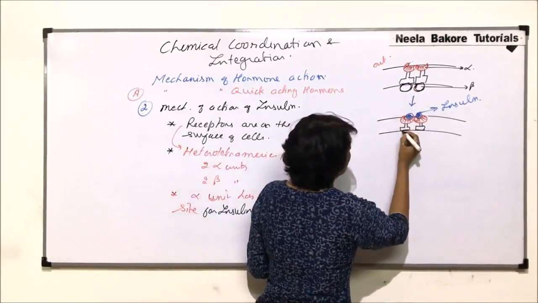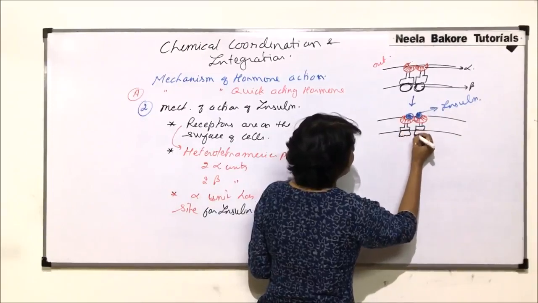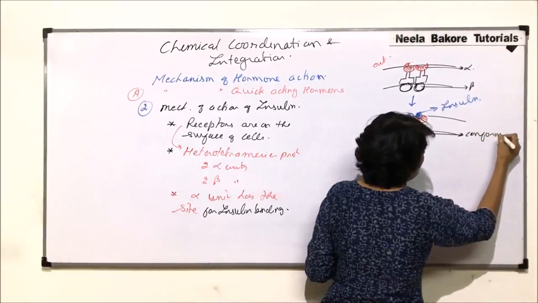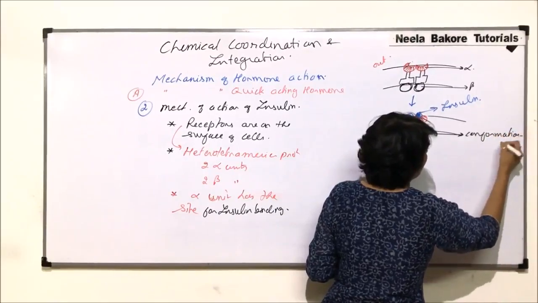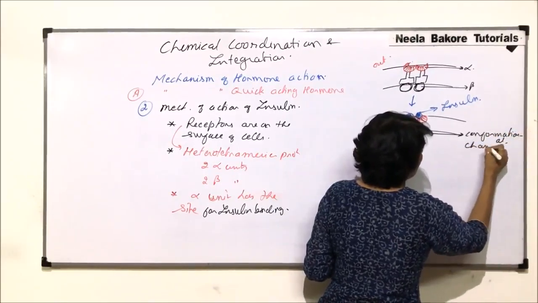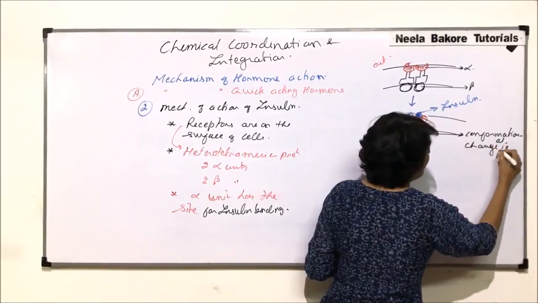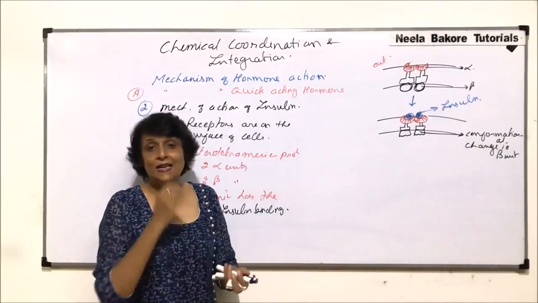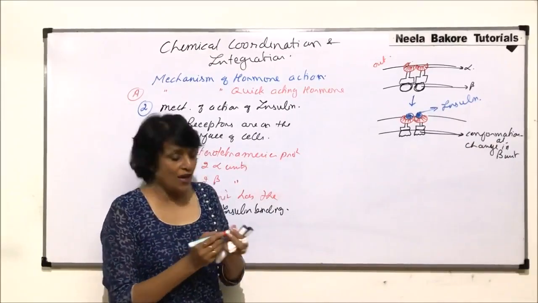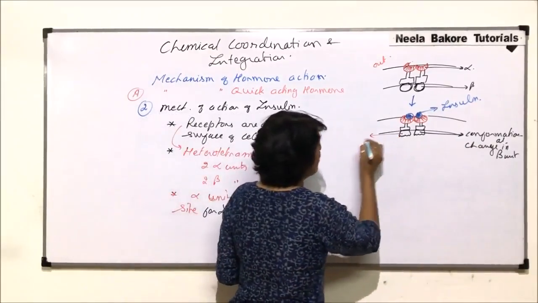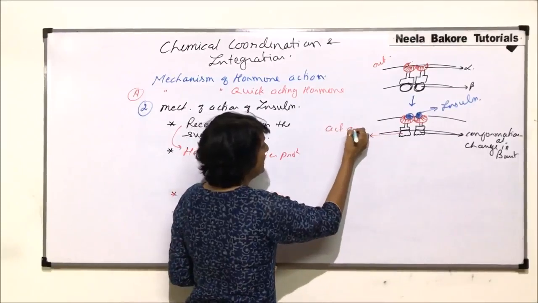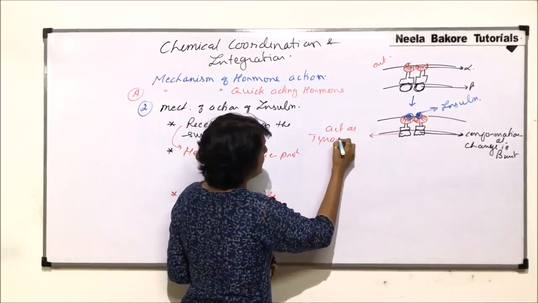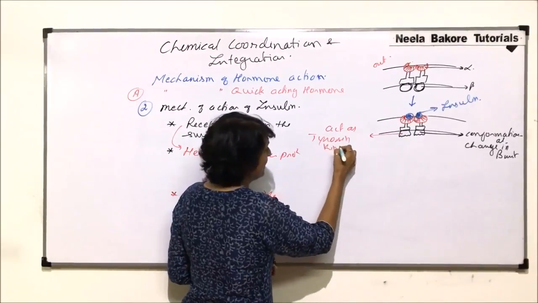So instead of this structure, now we can show some other structure. So there is conformational change in beta unit. And as soon as this undergoes a conformational change, it starts to act as tyrosine kinase.